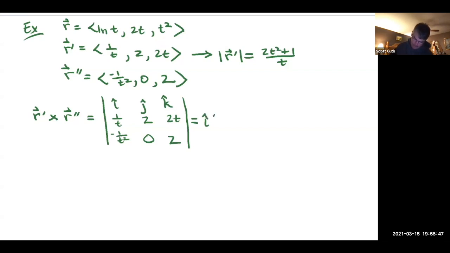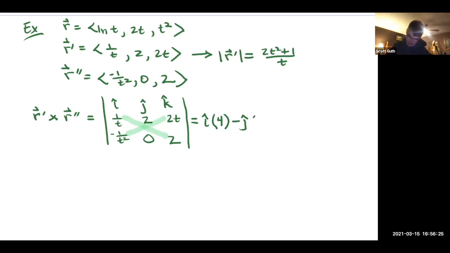Now I'm going to do this in my head. So currently I'm doing the minor, which is this cross product here, 4 minus 0. I think that's just a 4. And then minus j hat. And so now the little 2 by 2 determinant I have to do next is on the extremes here. I have to do this one. So I'm going to do a 2 over t minus negative 2 over t squared.